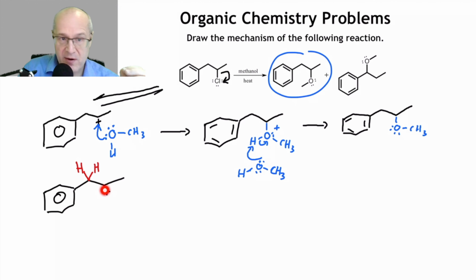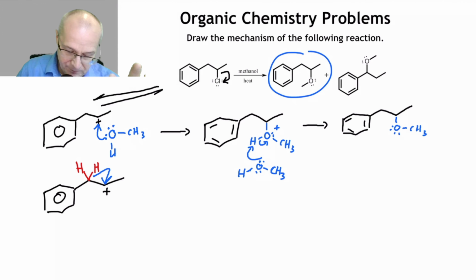This is a secondary carbocation. We all know that benzylic carbocations are more stable than secondary. So that means that one of these hydrogens can migrate or rearrange to that carbocation. That's an important thing.